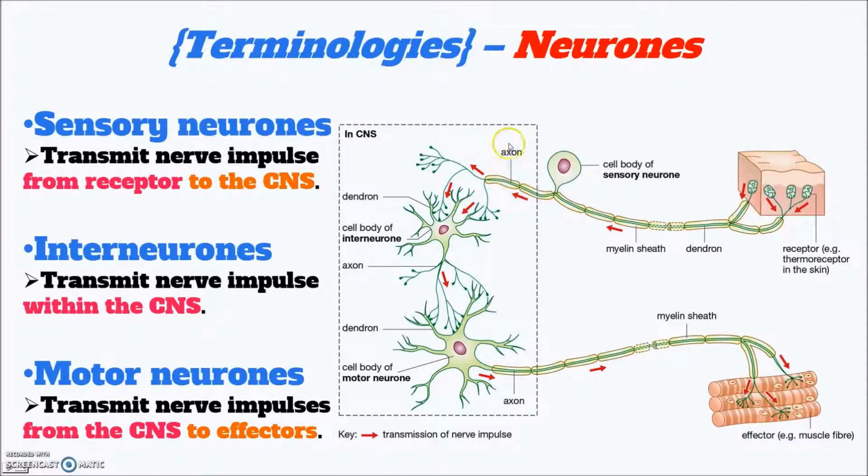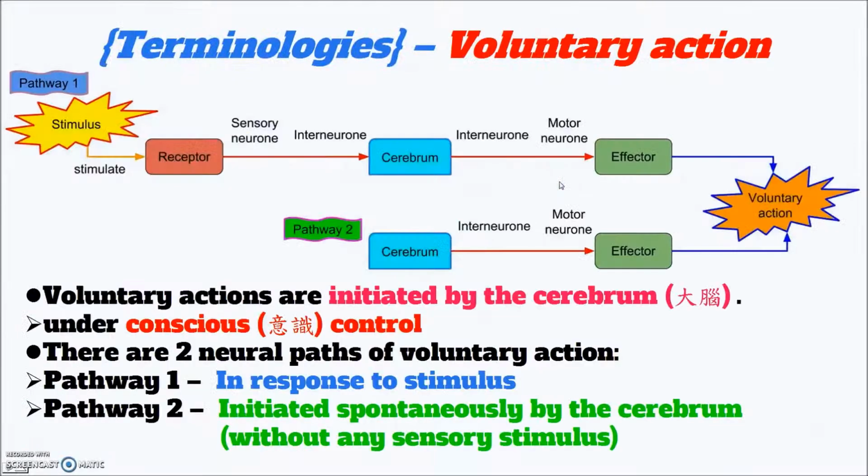For the axon, remember A for away from the cell body. The axon is the nerve fiber that transmits the nerve impulse away from the cell body. The dendron is the nerve fiber that transmits the nerve impulse towards the cell body of the neuron. That's the main concept, and we need to know it first.